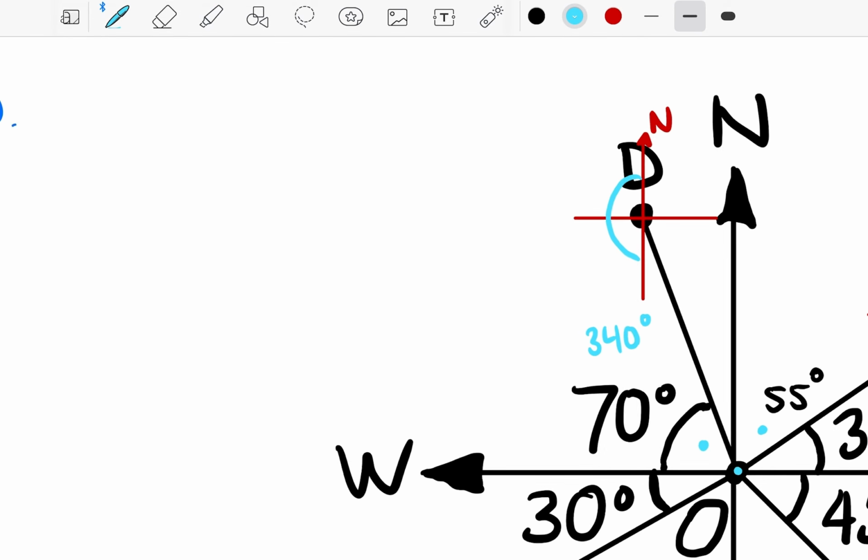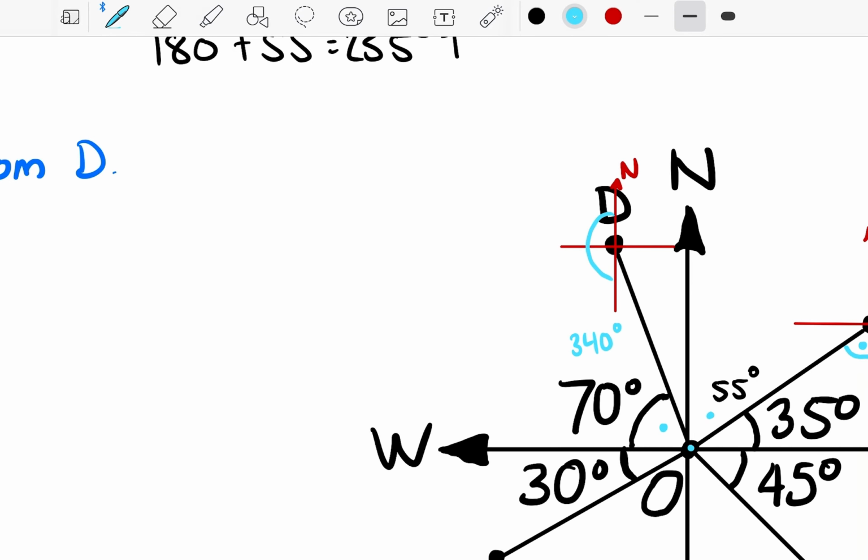So to find from there, I'm going to go 340, what it was originally, and take away 180, because that is what I haven't done. And this is going to give me my answer, which is 160 degrees when you do the math. So this part here, from here to here, is going to be 160 degrees.